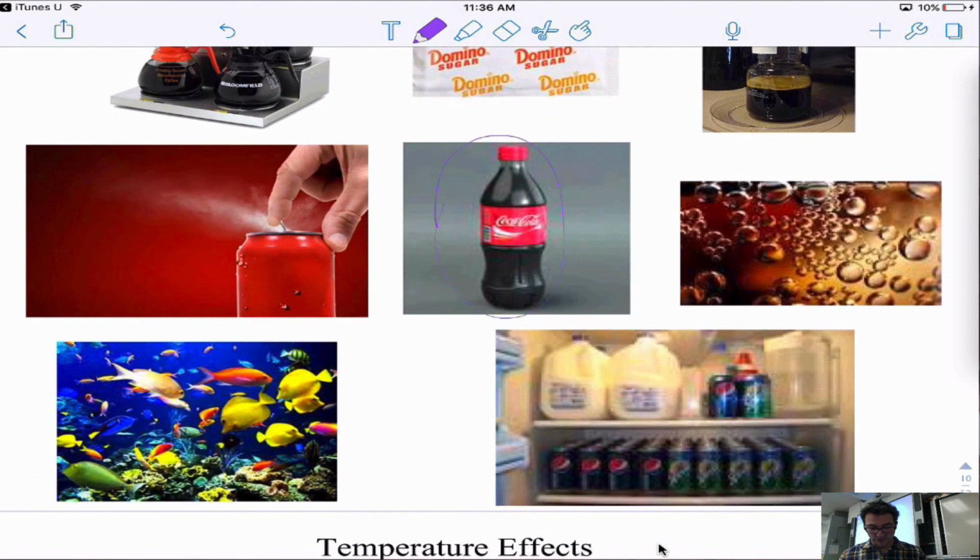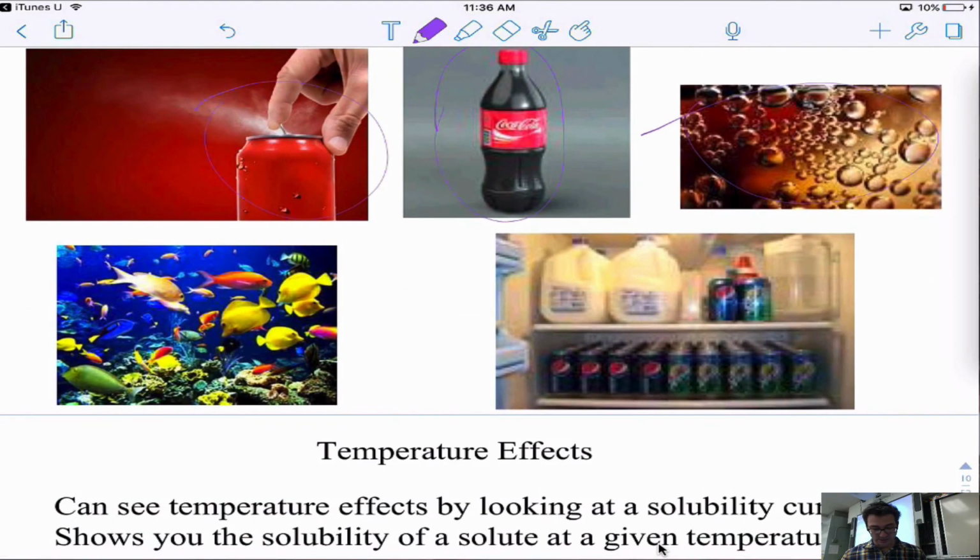Gases with pressure: soda bottles and cans are bottled and canned under high pressure. When we open up those cans and bottles, you can hear that fizzing and you can see those bubbles starting to form, coming out of solution. And then again, having oxygen for fish to breathe and changing the temperature of the water.